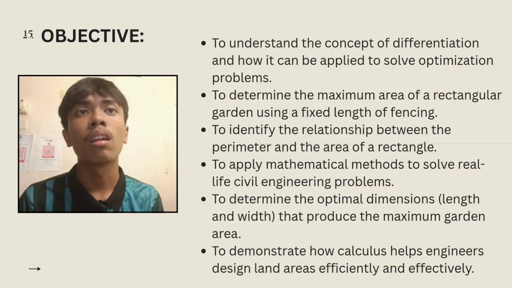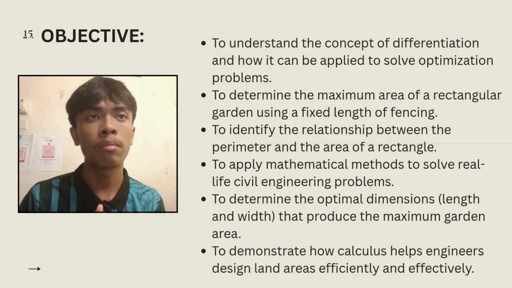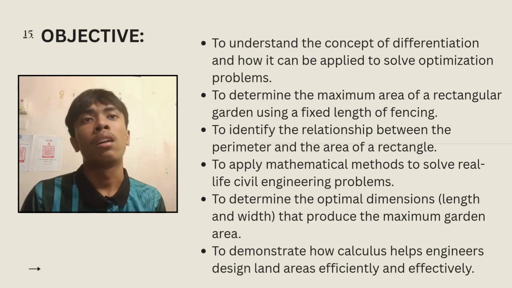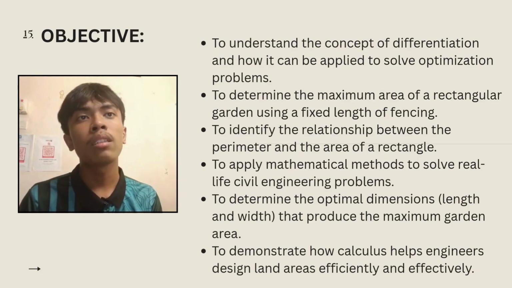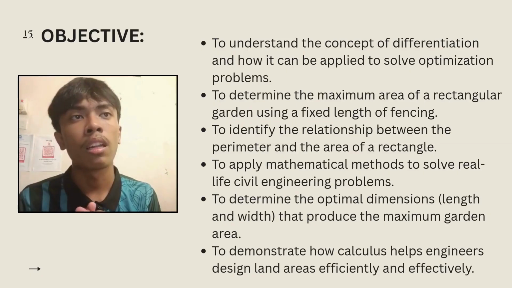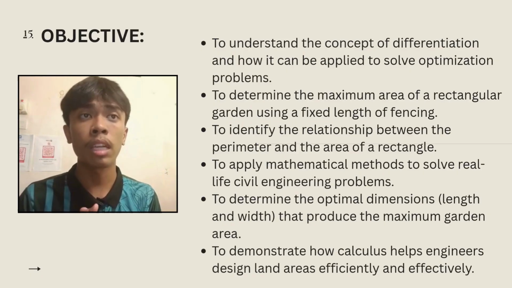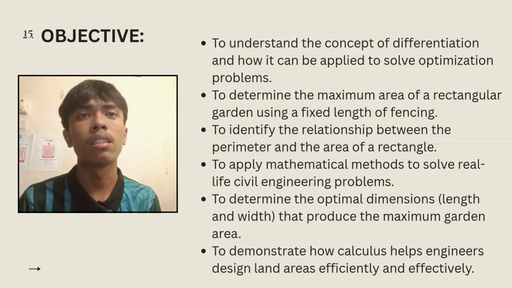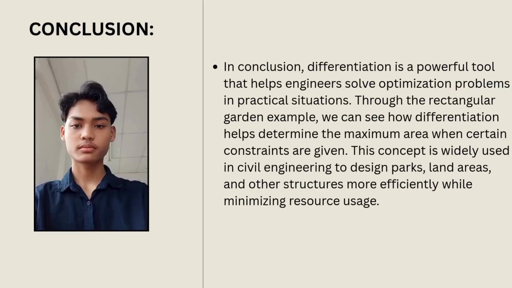Next, to apply mathematical methods to solve real-life civil engineering problems. And also to determine the optimal dimensions, length and width, that produce the maximum garden area. And lastly, to demonstrate how calculus helps engineers design land areas efficiently and effectively.